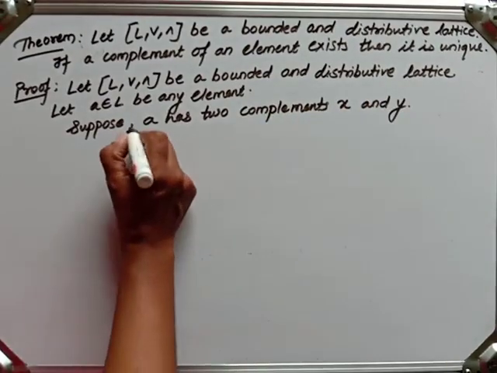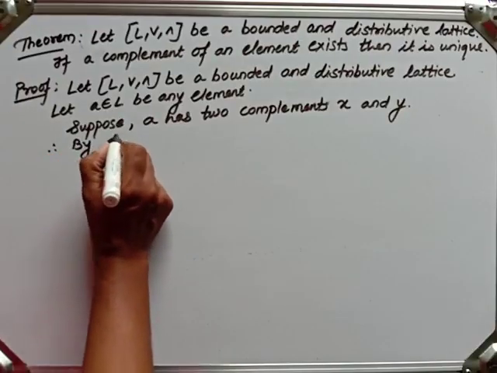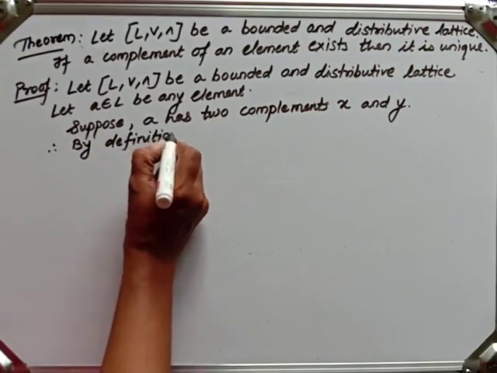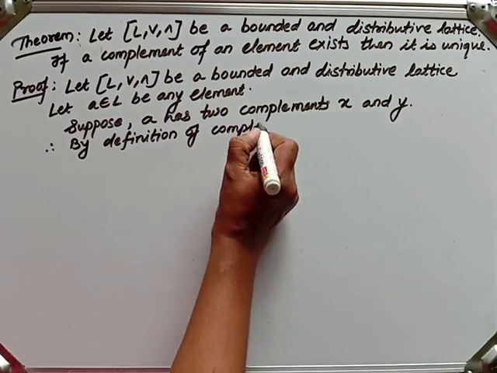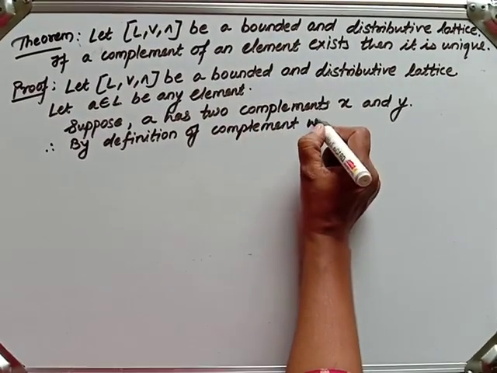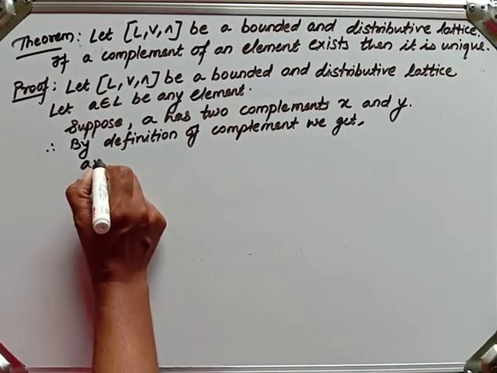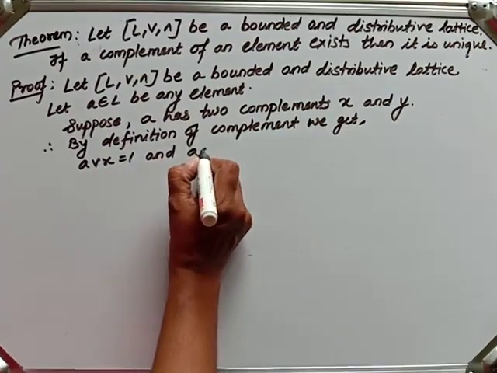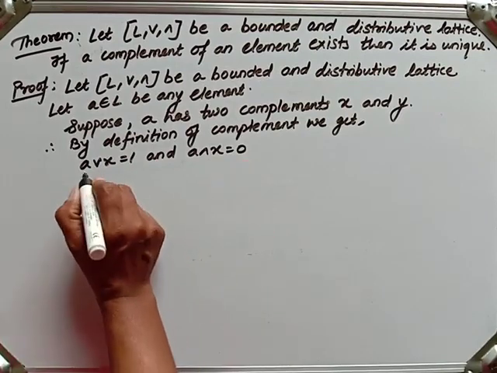Therefore, from the definition of a complement, we get a join x is equal to 1 and a meet x is equal to 0, meaning the maximal element and the minimal element.